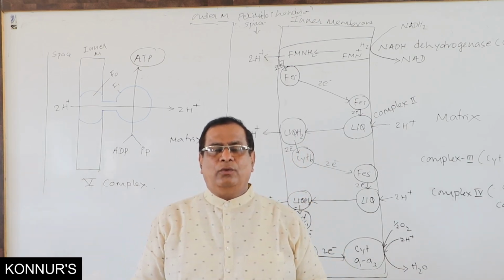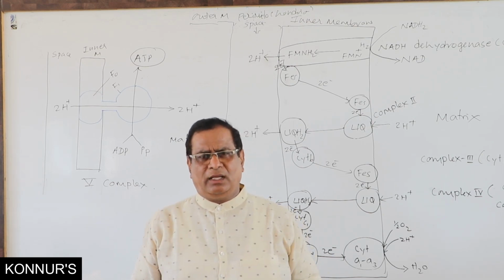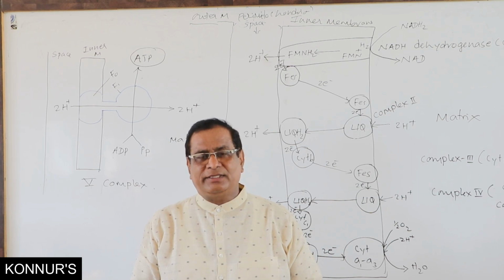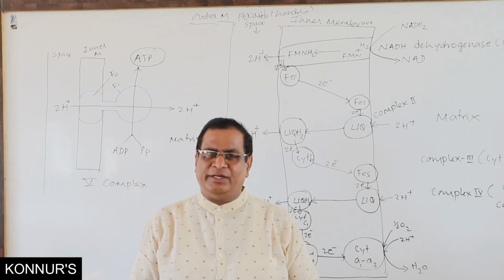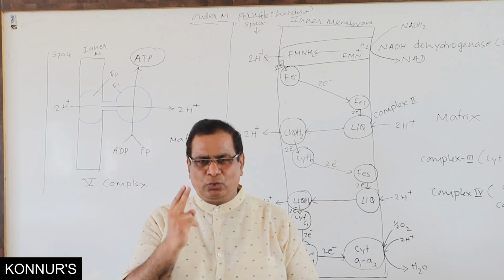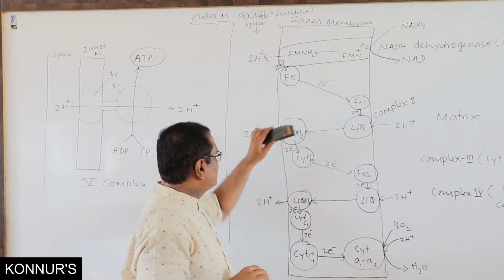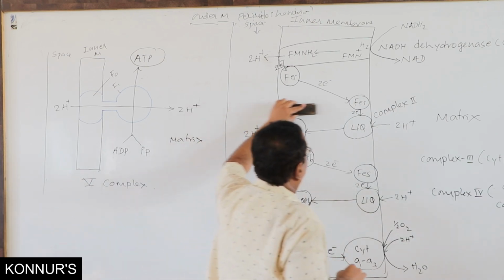This is how ATPs are formed from NADH2, and now how ATPs are formed from FADH2. Already you know, from one FADH2, 2 ATPs are formed. That we can show here only.